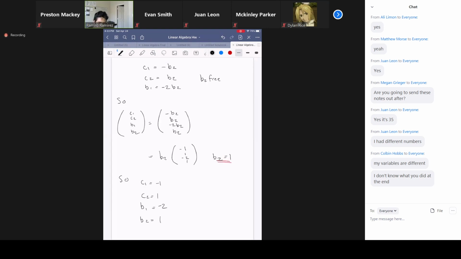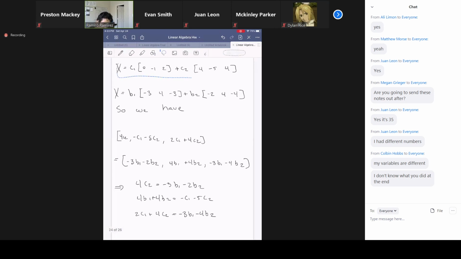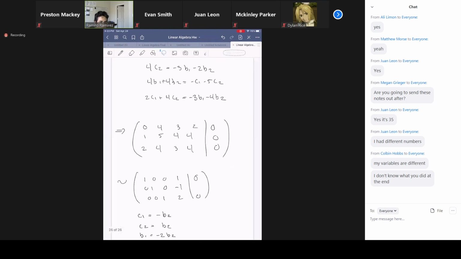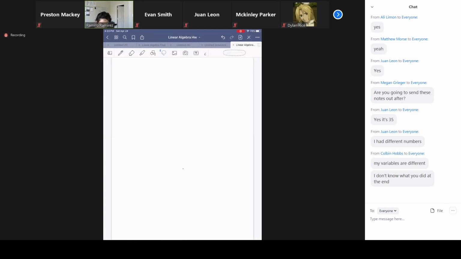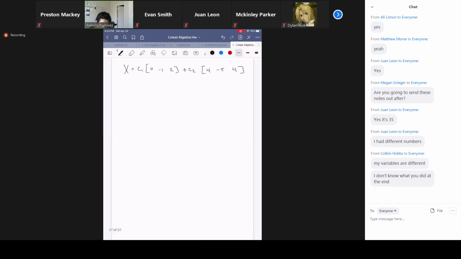Right, so that means that if I take the linear combination over here, say this one, with that C1 and C2, so plug it in here. So let C1 equal whatever, -1, and C2 equal, I don't know, 1.